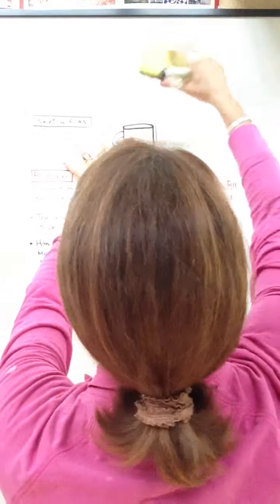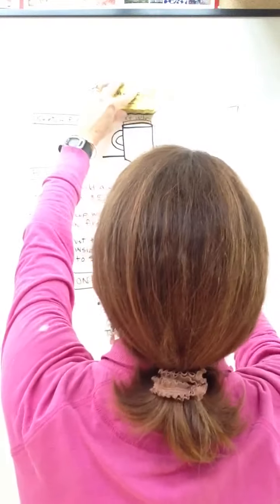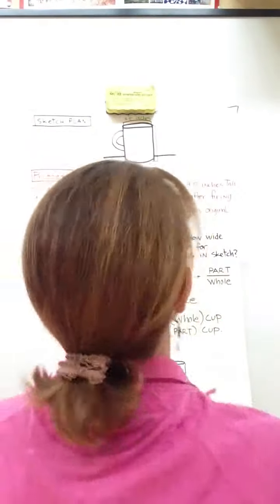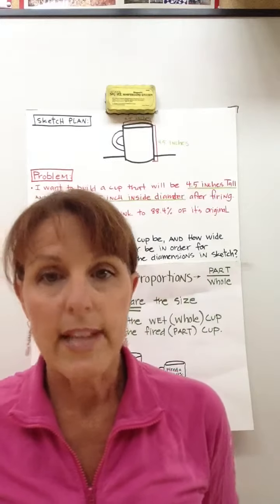Next, let's get to our math problem that we need to know in order to figure out how big we're going to build our clay cups when they're wet so that they shrink to the proper size after they're fired. Everybody is going to have a sketch plan.